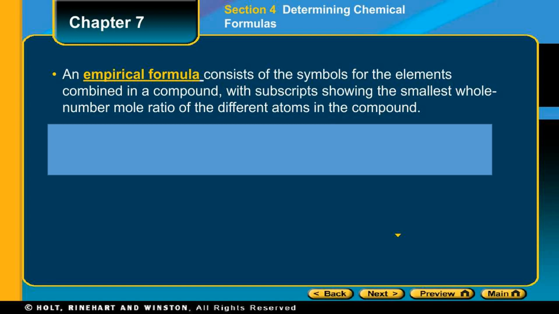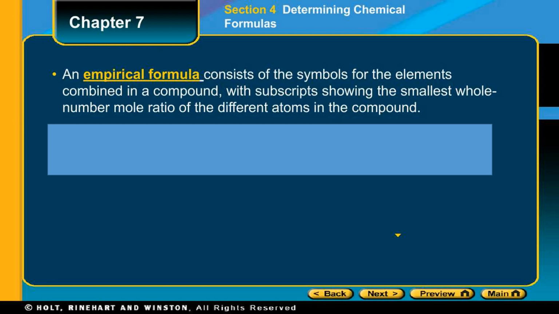So the definition of an empirical formula is it consists of the symbols for the elements combined in a compound with the subscripts showing the smallest whole number ratio of different atoms in the compound.